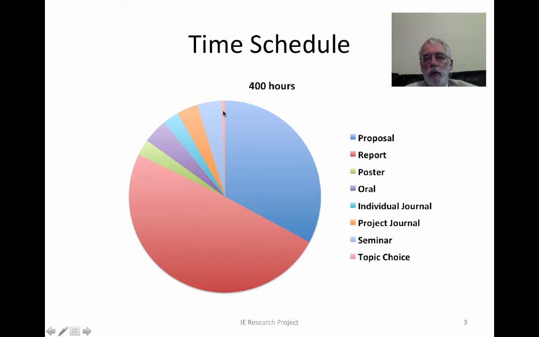If we start right at the top here, we have the choice of topic, which takes a very small amount of time, a little bit of research before the start of semester. We ask you to go to seminars, 6 seminars in total, and writing a critique on those seminars. That's a requirement, a hurdle requirement, and in the overall scheme of things, does not take a lot of time.